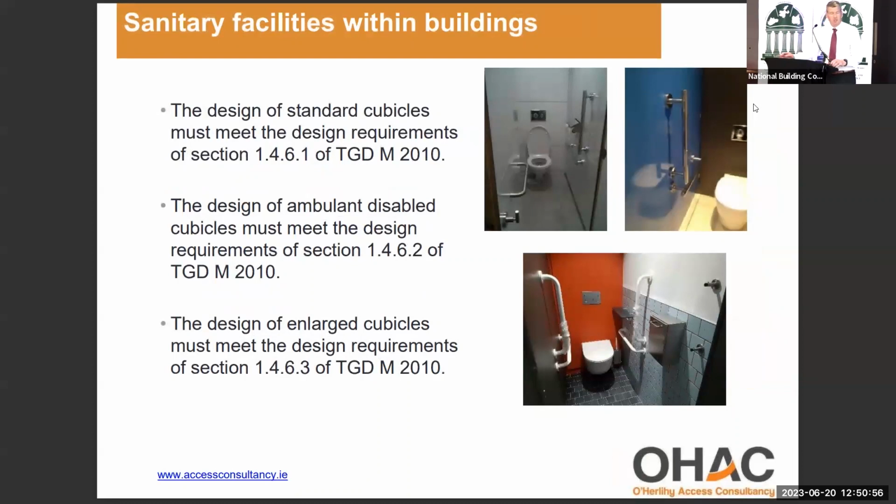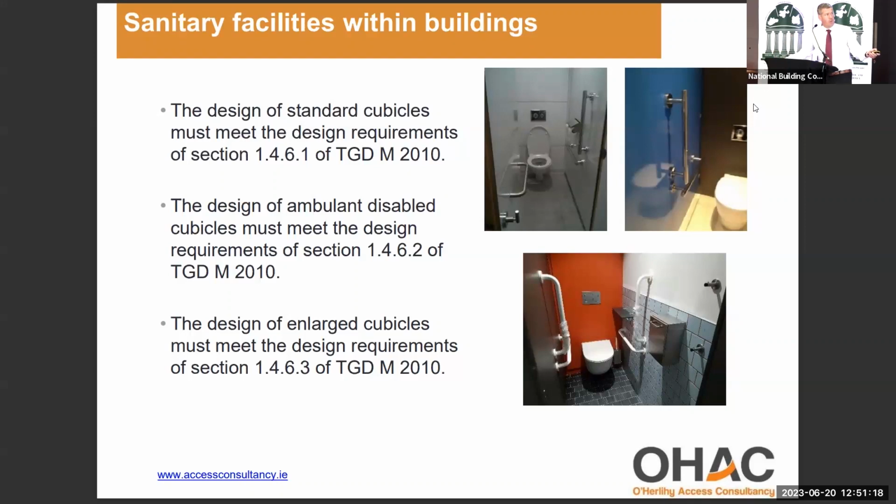Sanitary facilities, what I'd say to people is, what can go wrong does go wrong in the fit out and installation of your sanitary facilities. So take the example that we have here, which is an ambulant disabled cubicle. Things that go wrong are the height of the seat needs to be 450 above finished floor level.